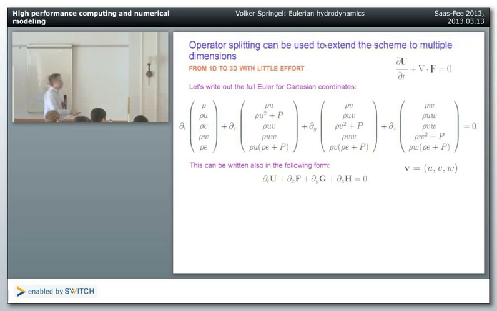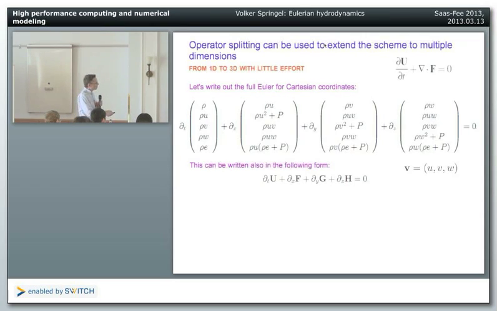But you can compactify this a bit with better notation. You can write it so that the partial time derivative is of the state u, and then you define f as the flux in the x direction, which is this first vector here, g as the flux in the y direction, and h as the flux in the z direction, with partial derivatives in x, y, and z. That is another form of the Euler equations.